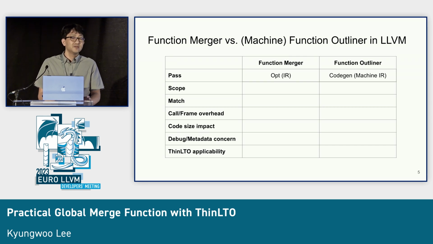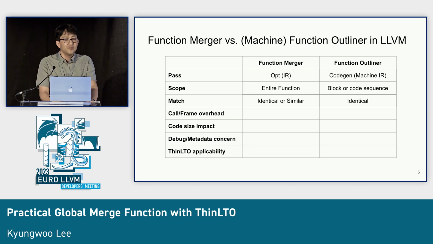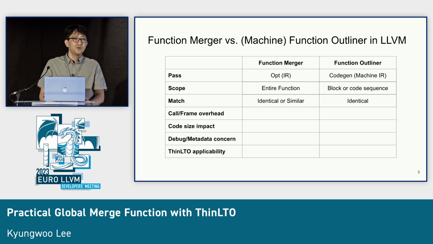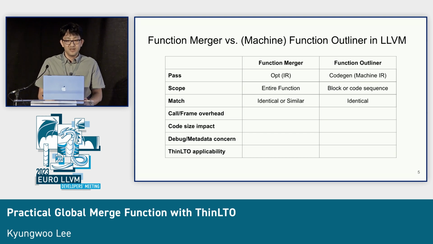As I said earlier, the scope of the merger is the entire function, whereas the outliner handles only a specific sequence of code within the block. A function merger is able to handle not only identical but also similar code, which is not the case with the function outliner.